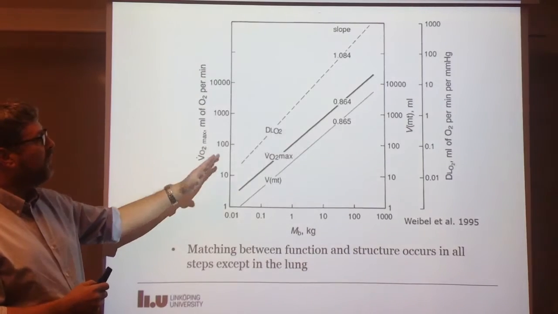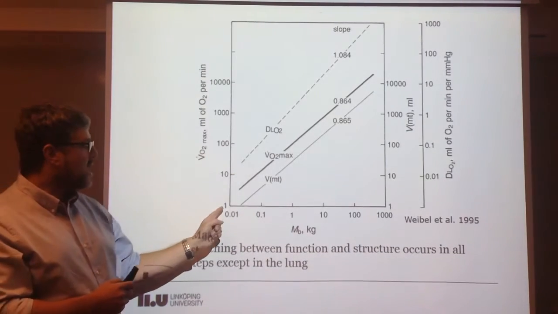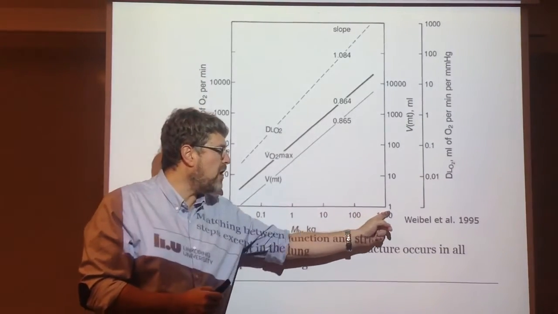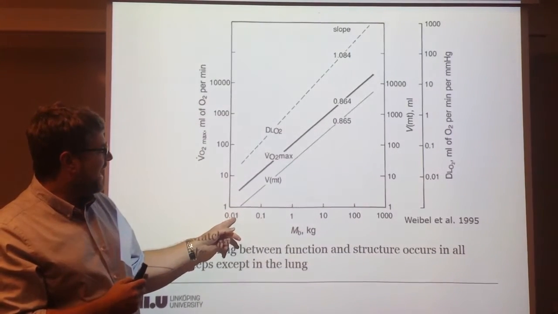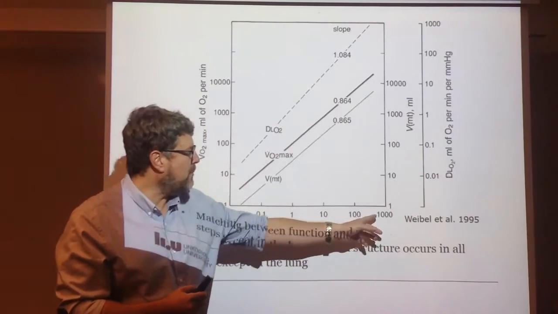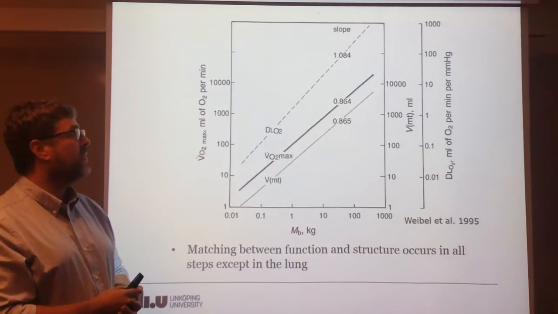So what they plot is across the whole range of mammalian body masses, from an animal that is 10 grams to an animal that is 1,000 kilos, 1 ton.